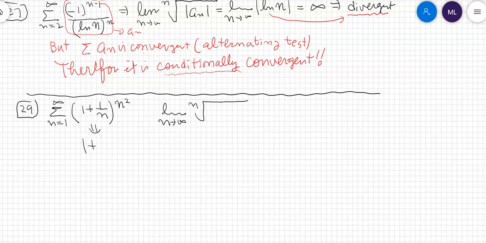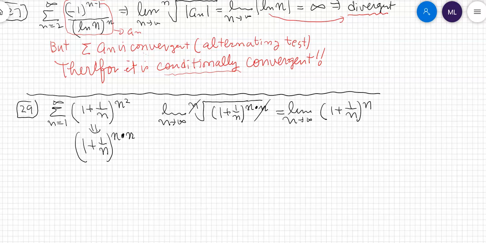This is (1 plus 1 over n) times n. Okay, so if I have (1 plus 1 over n) times n, the 1 is cancelled. So this is the limit as n goes to infinity of (1 plus 1 over n) to the n.